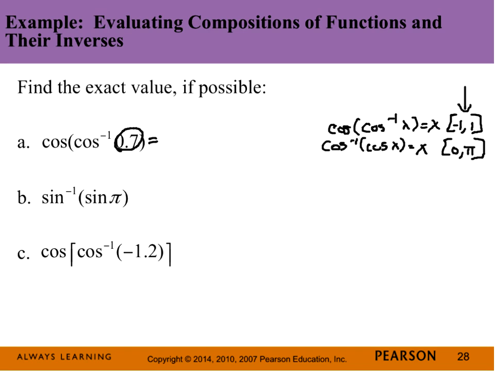So if I have the cosine of cosine inverse of 0.7, I just need to look here and I see that 0.7 lives inside that restriction there. So the cosine composed with the cosine inverse of 0.7 is simply 0.7.